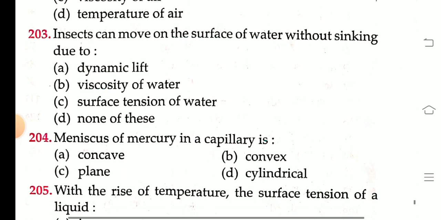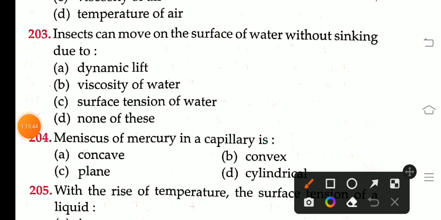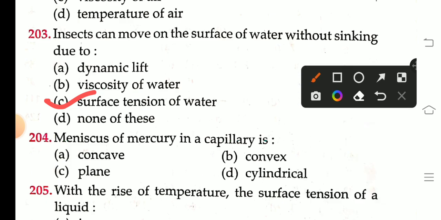Next question, insects can move on the surface of water without sinking due to surface tension of water. Right answer will be option C. Meniscus of mercury in a capillary is convex.